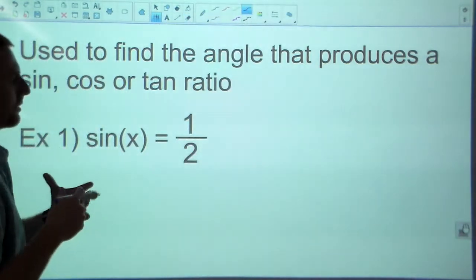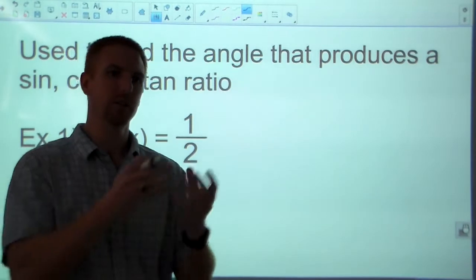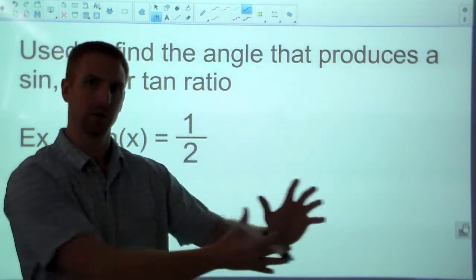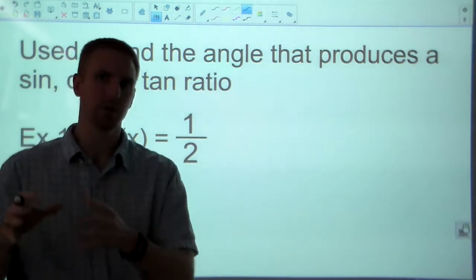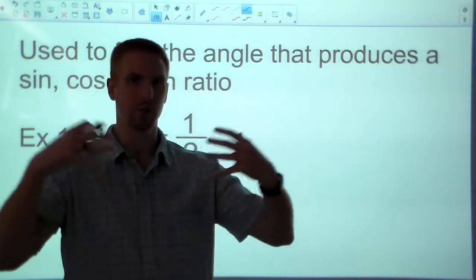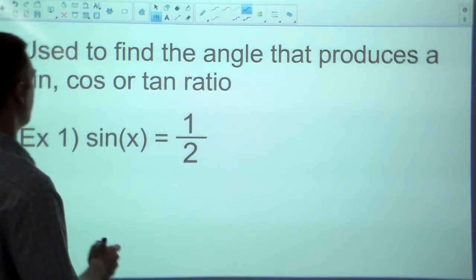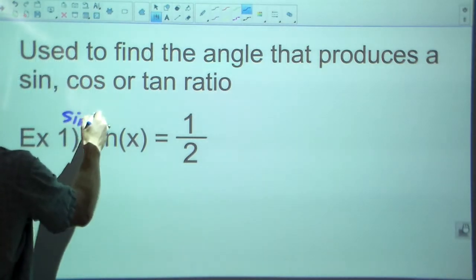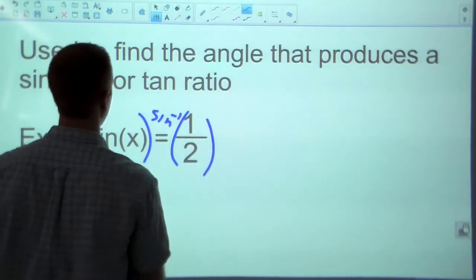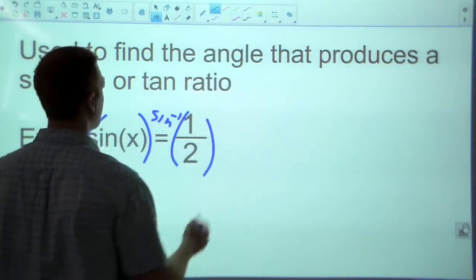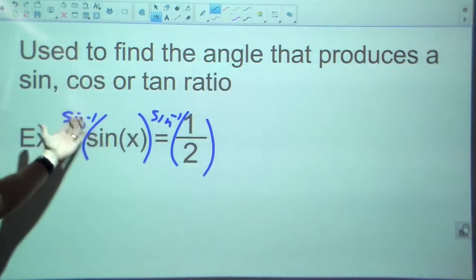So sine is a function. You're taking the sine of an angle to get a result. To undo a function, you have to do an inverse function. This is something that you'll start to see more and more as you go through higher levels of math. So we can do that. We can take the inverse function as long as we do it to both sides. And for the sake of this one, you can kind of think of those as canceling out.